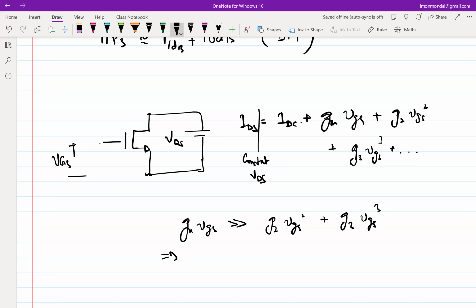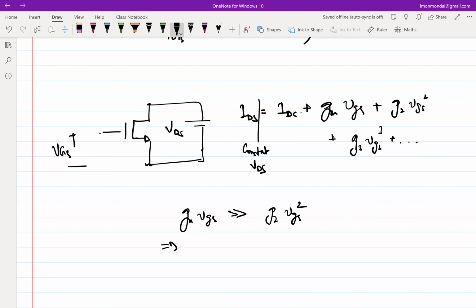Taking one at a time, this means your VGS should be much less than GM over G2. So if I do not want to change VGS, for a fixed GM, I have to reduce G2, right?